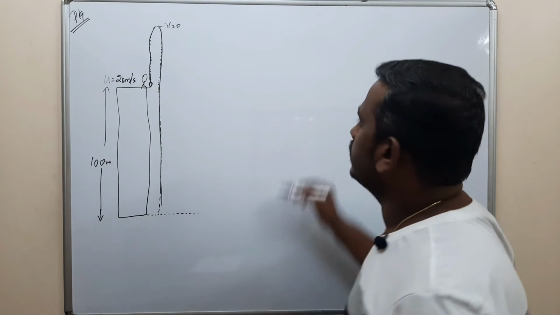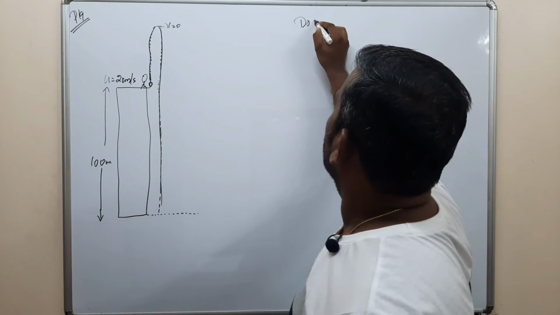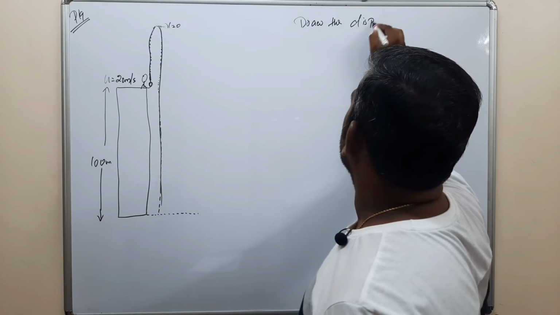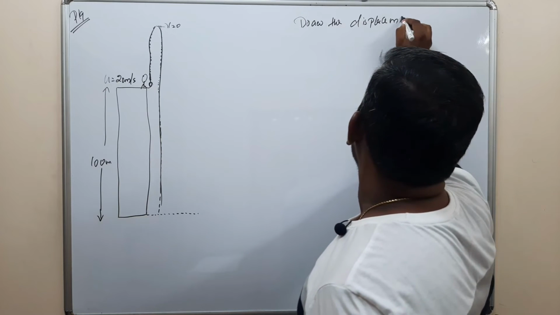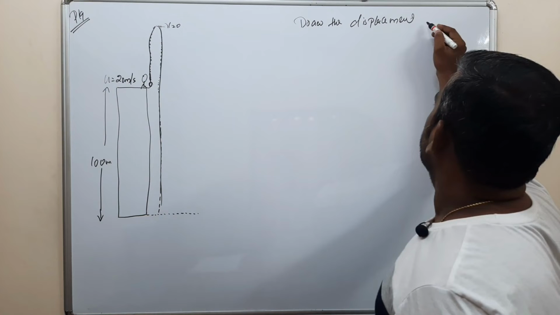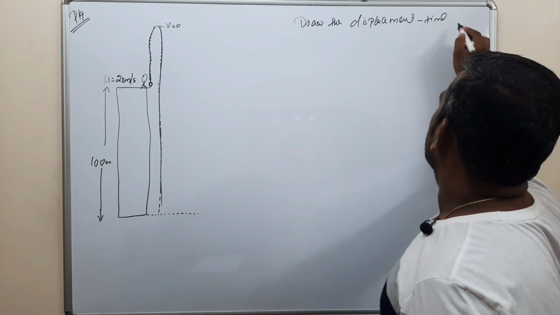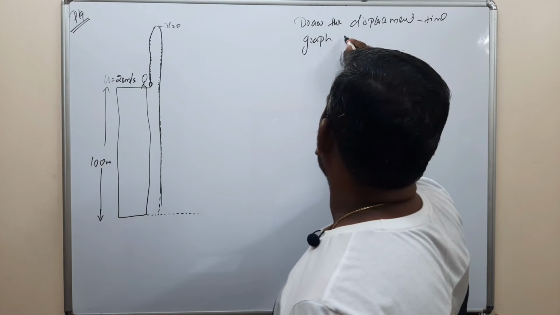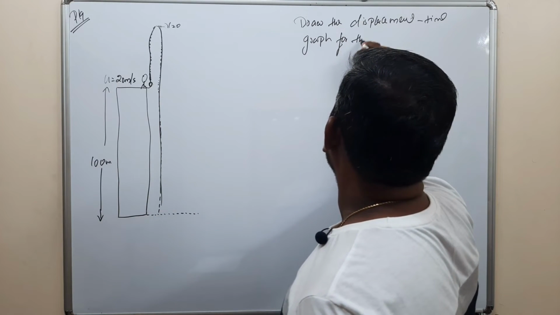So our question is: draw the displacement time graph for the motion of the ball.